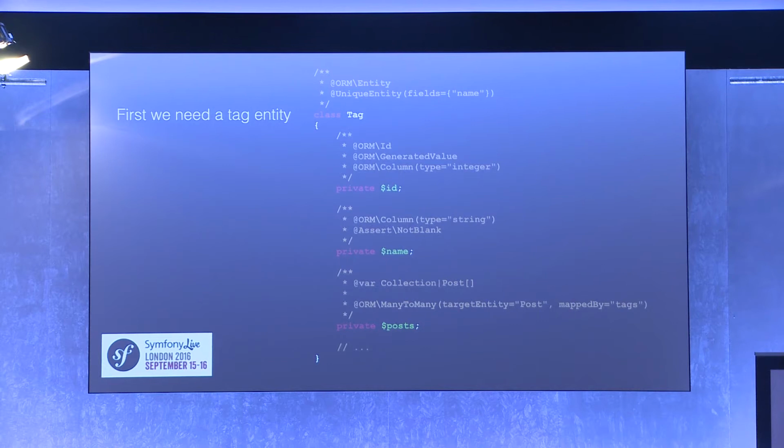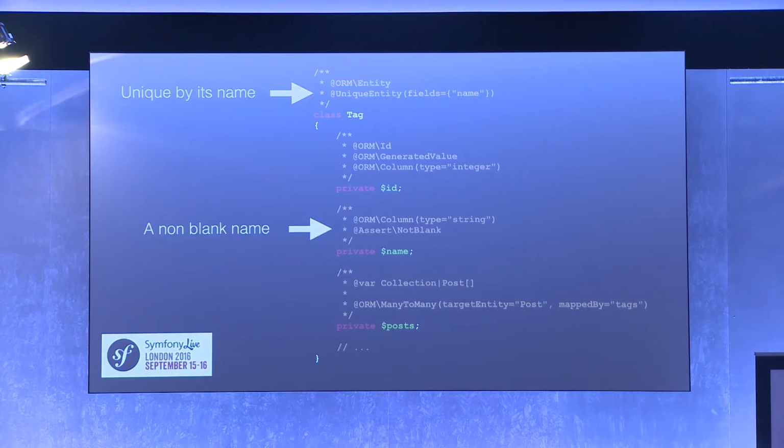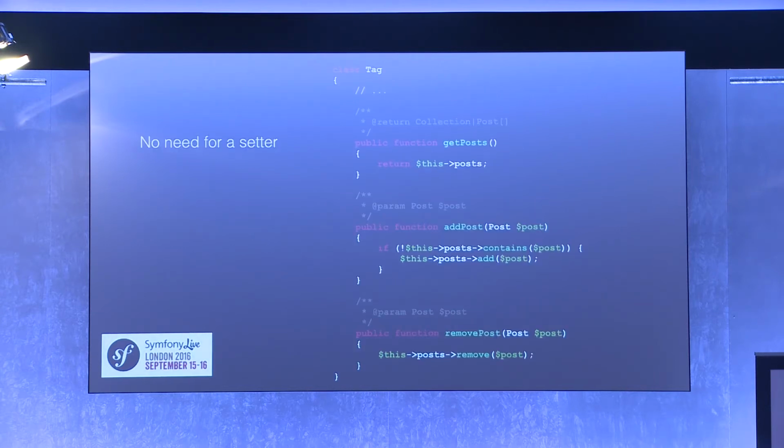No, sorry, this is a tag entity. We need it to be unique by its name and not blank, so we don't have a duplicate. No need for setters in this case because the tag doesn't need to get called a set post on it. And be careful not to call it twice when you add a post.